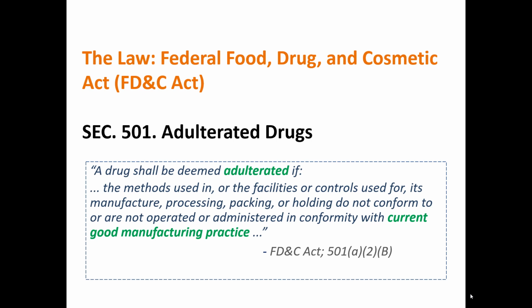So in layman's language, what that means is if a drug is not manufactured or processed or packed or held in a facility that is in conformance with the correct way of manufacturing it, the current good manufacturing practices, that drug is deemed to be adulterated.